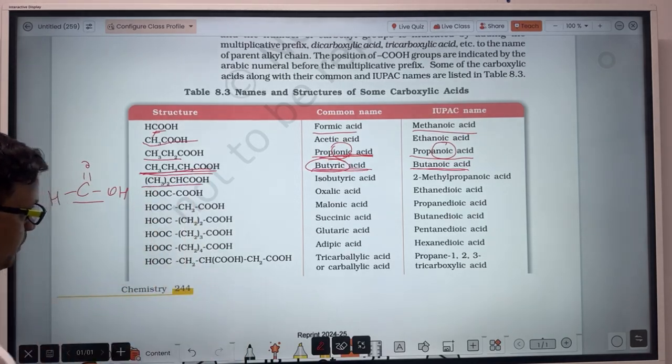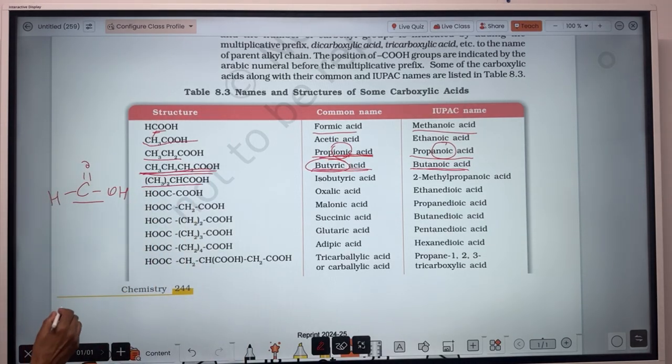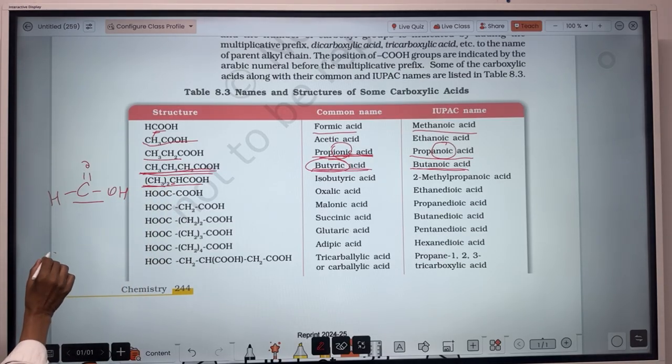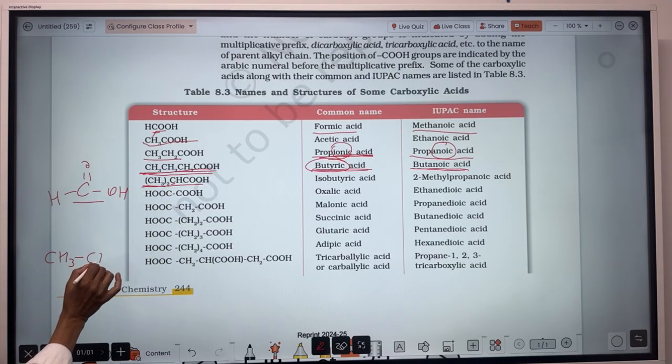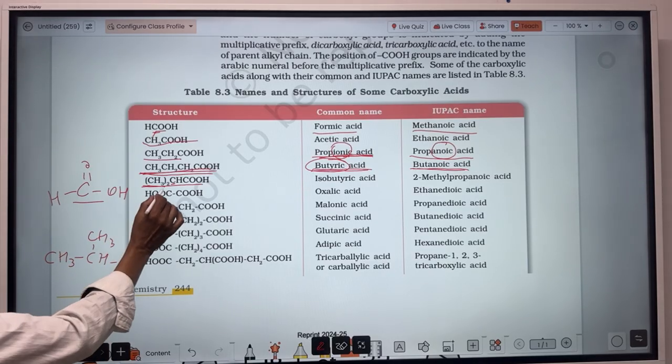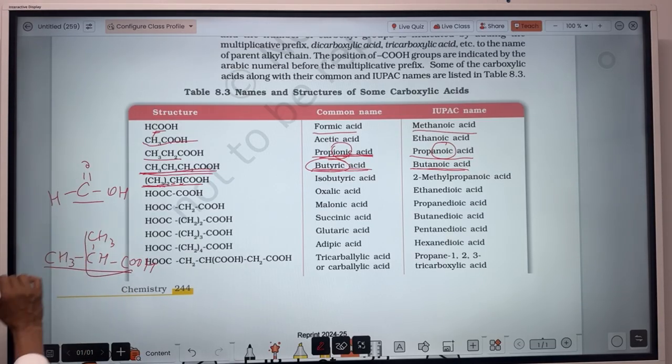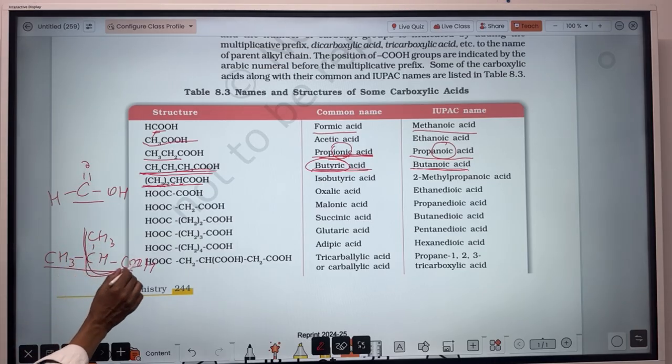Here the methyl groups go on the structure. 2 methyl groups are bonded to this carbon, and then after that COOH. So the main chain may be this one or this one. So the main chain is of 3 carbons. So that will be propanoic acid.